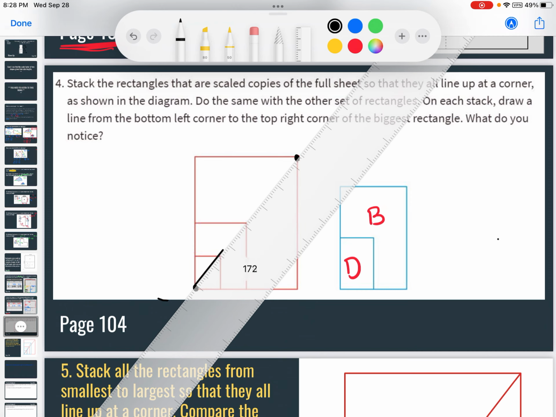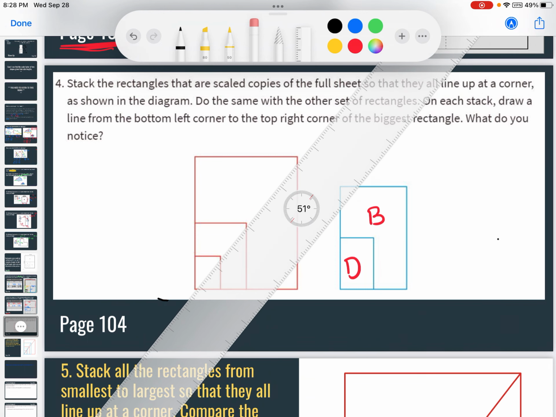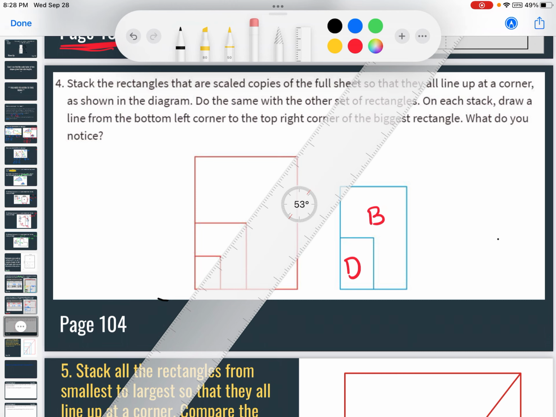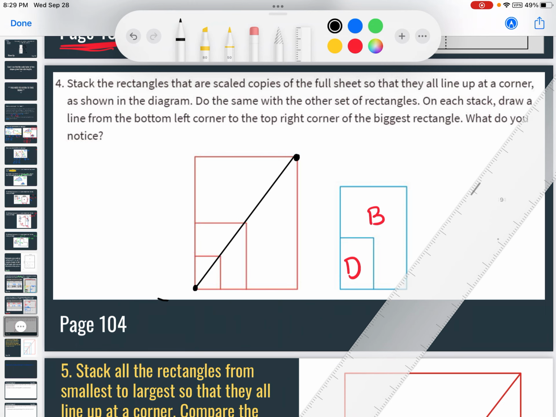All right, now I'm going to draw a straight line. Gosh, that wasn't even that good. Let me try again. There we go. Beautiful. Not perfect, but okay.